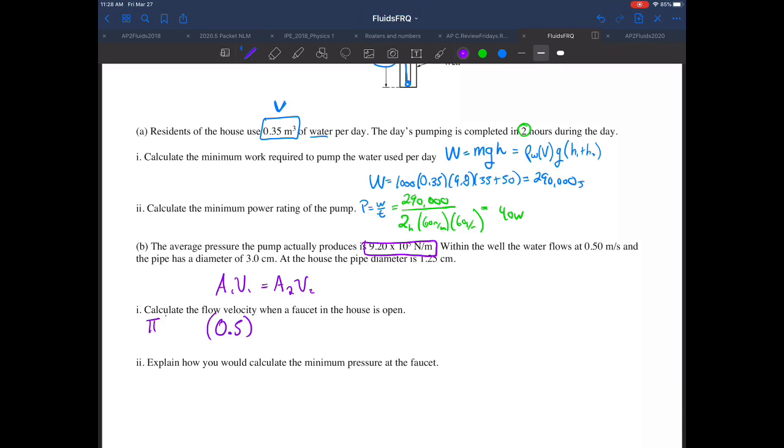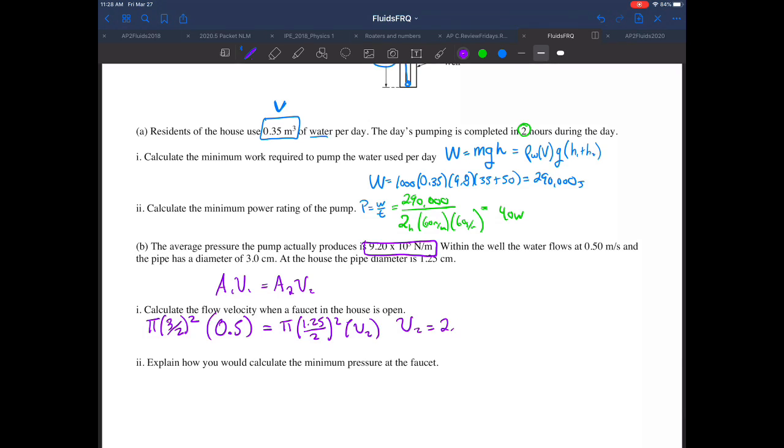So we can do pi r squared times V1 equals pi r squared. So that's the area times V2. We can solve for V2.